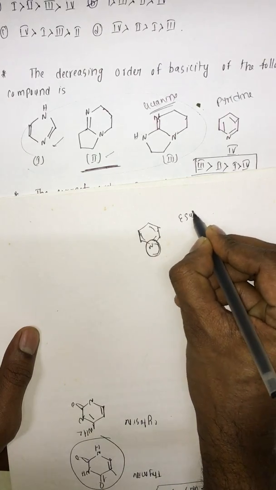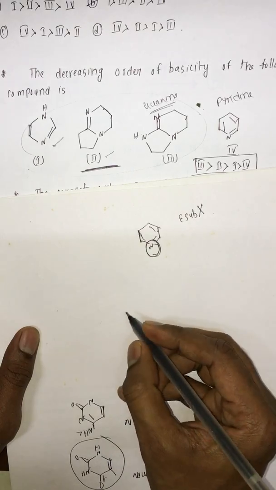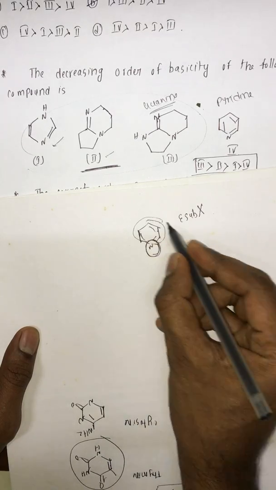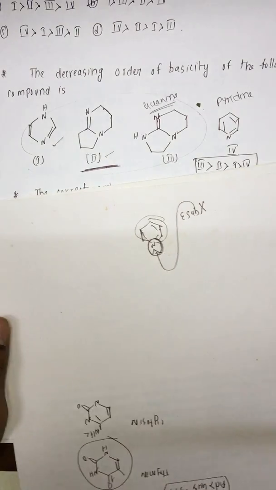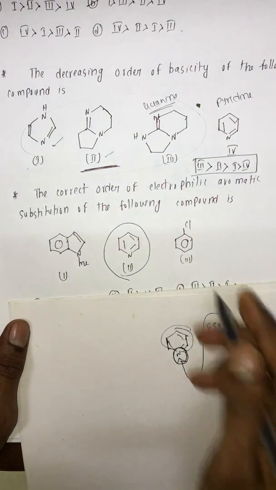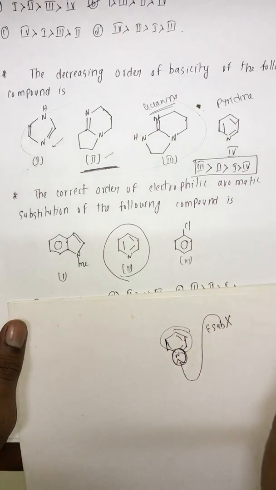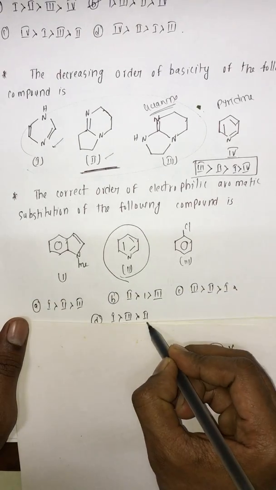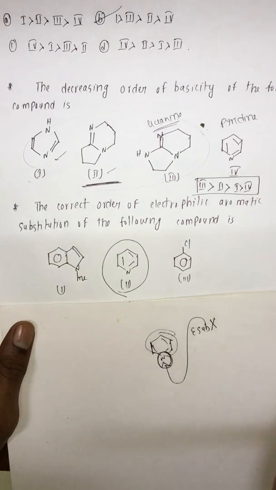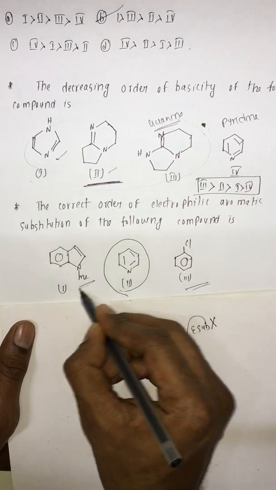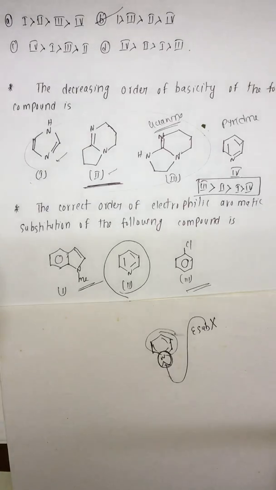Electrophilic substitution reactions are completely ruled out in the case of pyridine. Instead of on the carbon, the electrophile goes and attacks the nitrogen. So the electrophilic substitution order for pyridine will be the very least, so this comes last. And here we have chlorobenzene and indole.